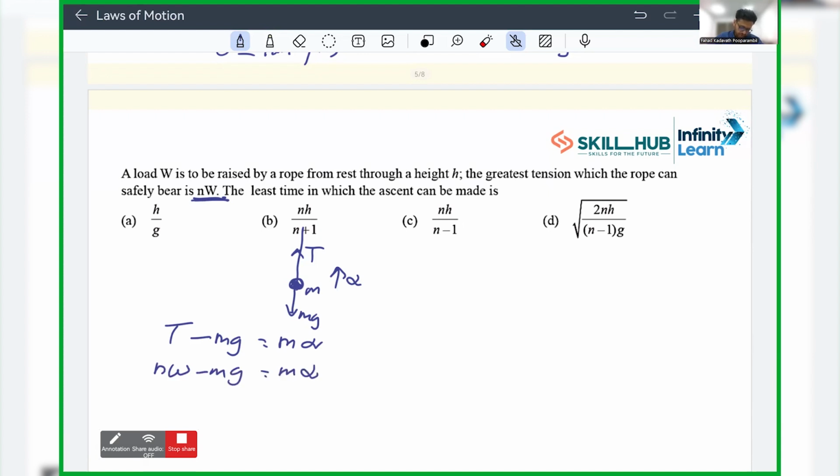We know W is equal to mg, so you can write n into mg minus mg equal to m alpha. From here, we'll get alpha as n minus 1 times g, and the m you can cancel.